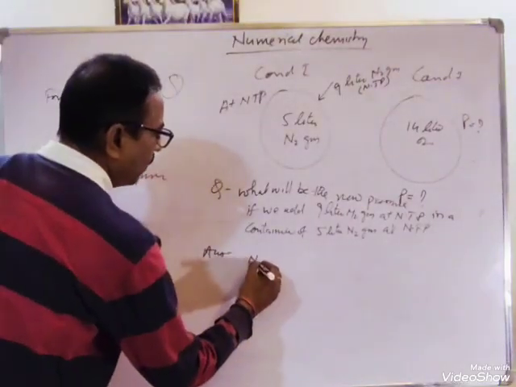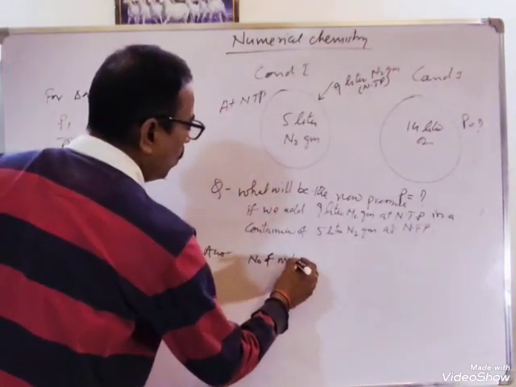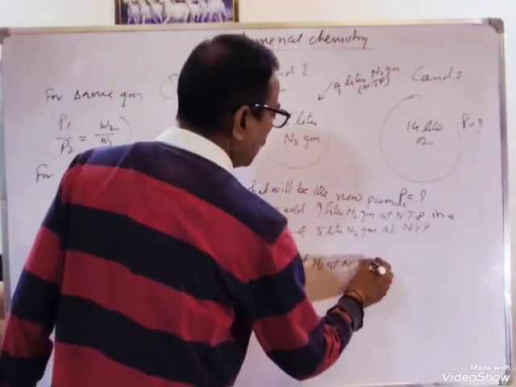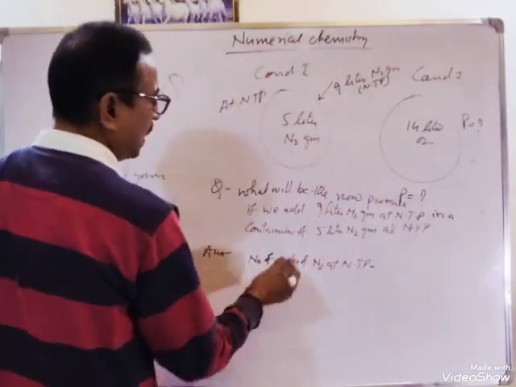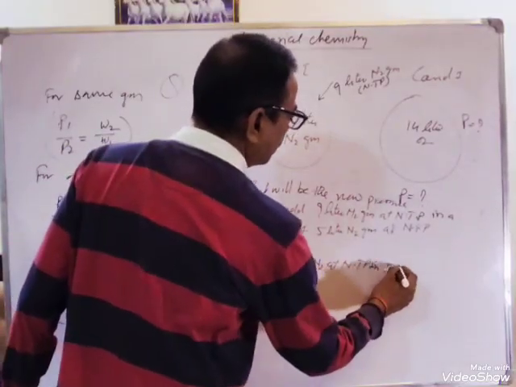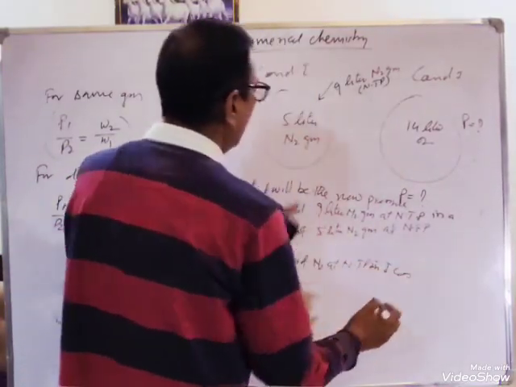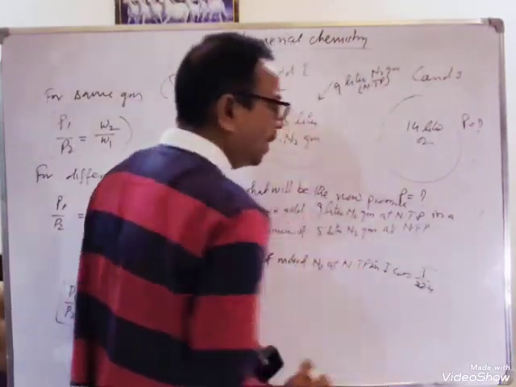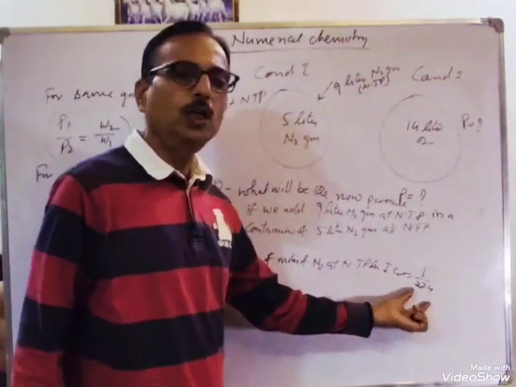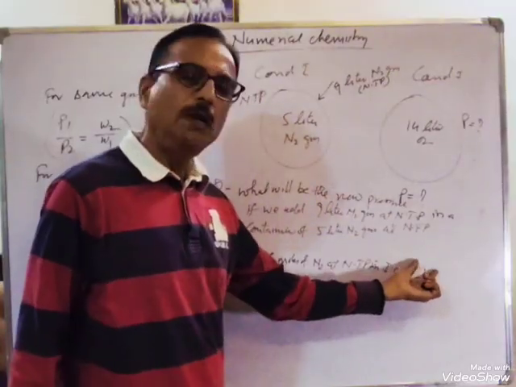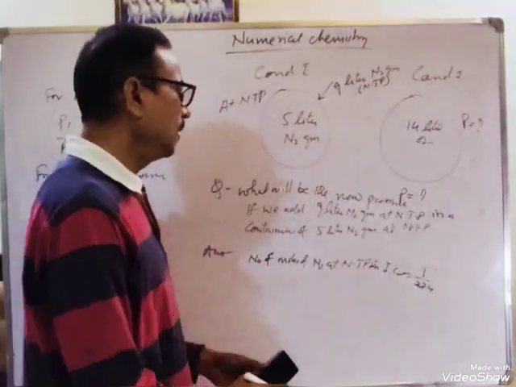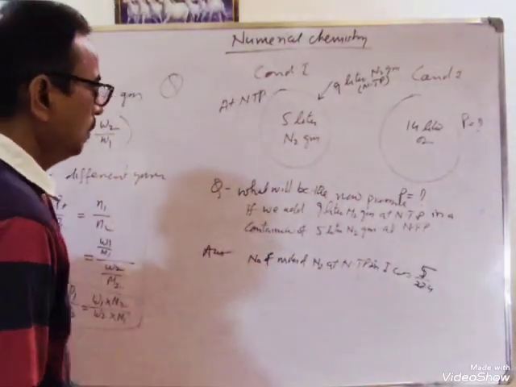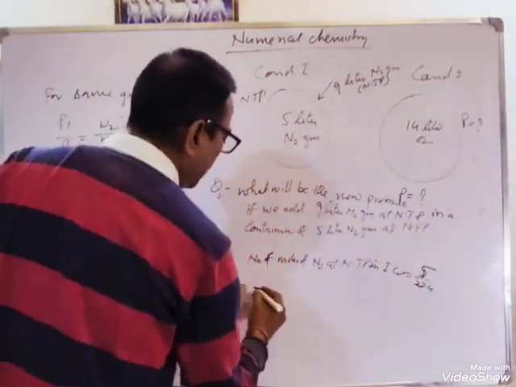Number of moles of nitrogen at NTP, first case, is 5 divided by 22.4, because 1 mole is equivalent to 22.4 liter. So this is the number of moles of nitrogen.